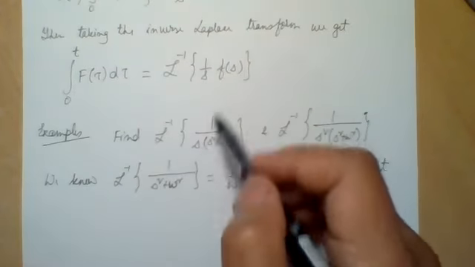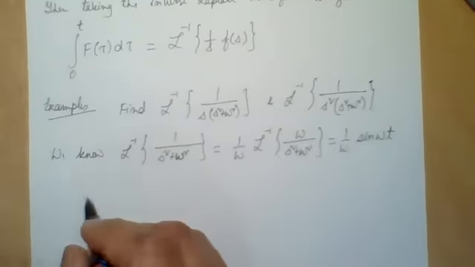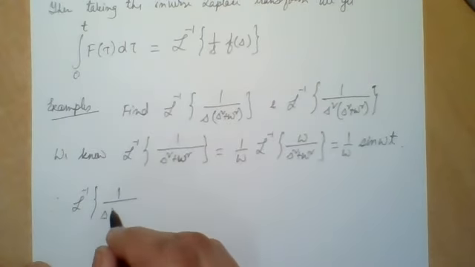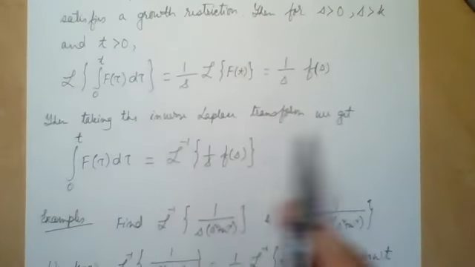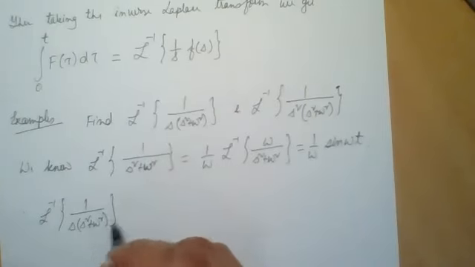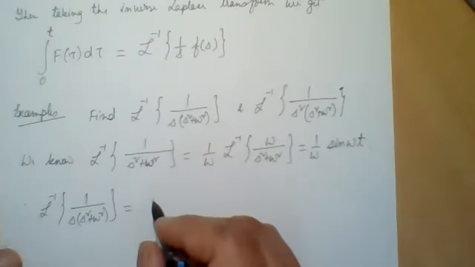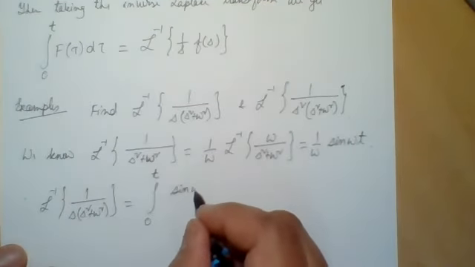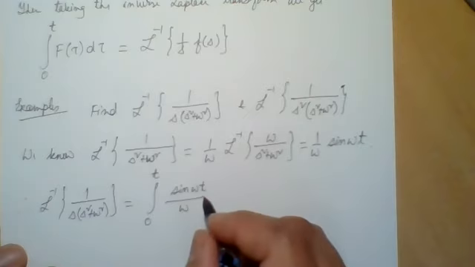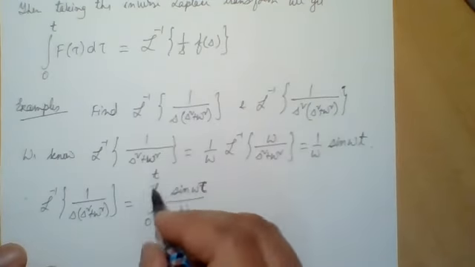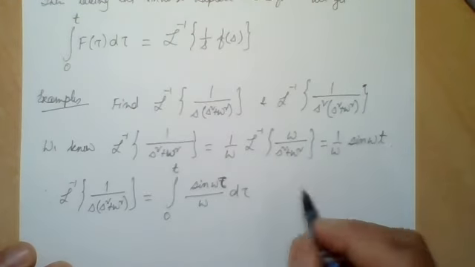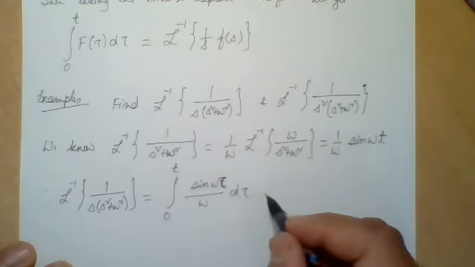Now you compare this and this, you'll find that the inverse Laplace transform of 1 by s times (s squared plus omega squared), from this particular expression as well as from this expression, is the integral from 0 to t of sine omega tau divided by omega, sorry, this should be tau, because t is already an integration limit, sine omega tau d tau, and omega is a constant, so it can be taken outside.